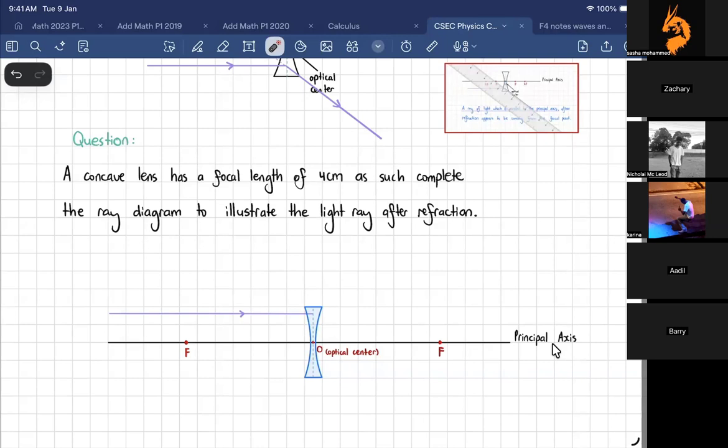So I just drew my concave lens kind of smaller, but same thing.